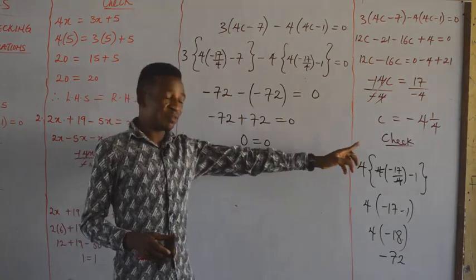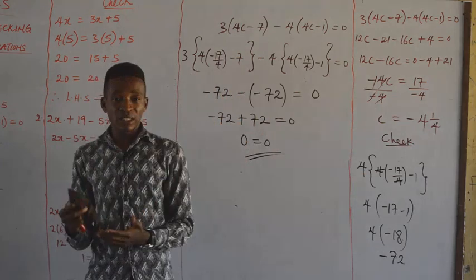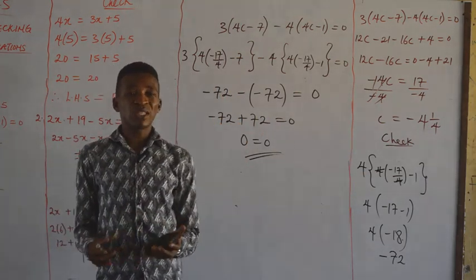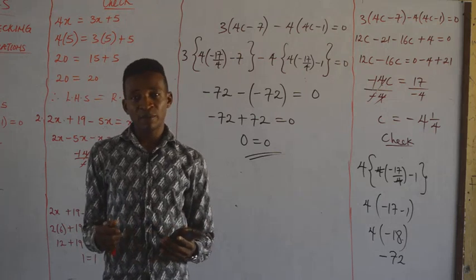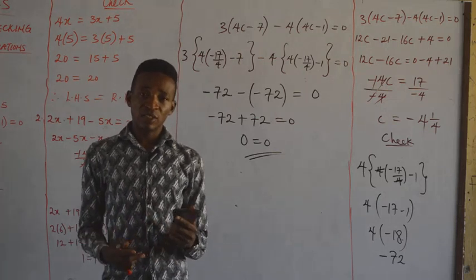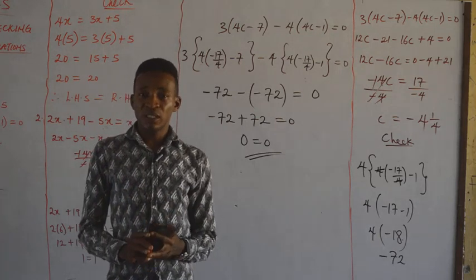No, I've rubbed off the main thing that led to this minus 72. So when you are solving it, try as much as possible to take it back. If there's any need for you to pause, do that. Then after pausing, you go to the next step, pause, watch, based on your pace.